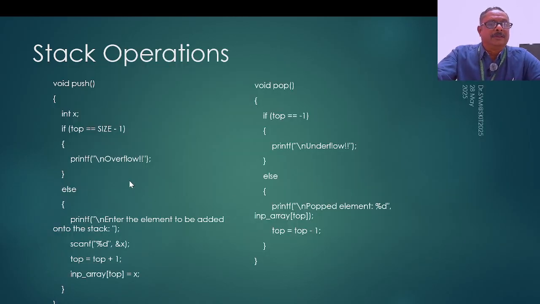So these are the two functions we are talking about. Whenever we want to push an element, read the element, then increment the top, then at that position add the new element.